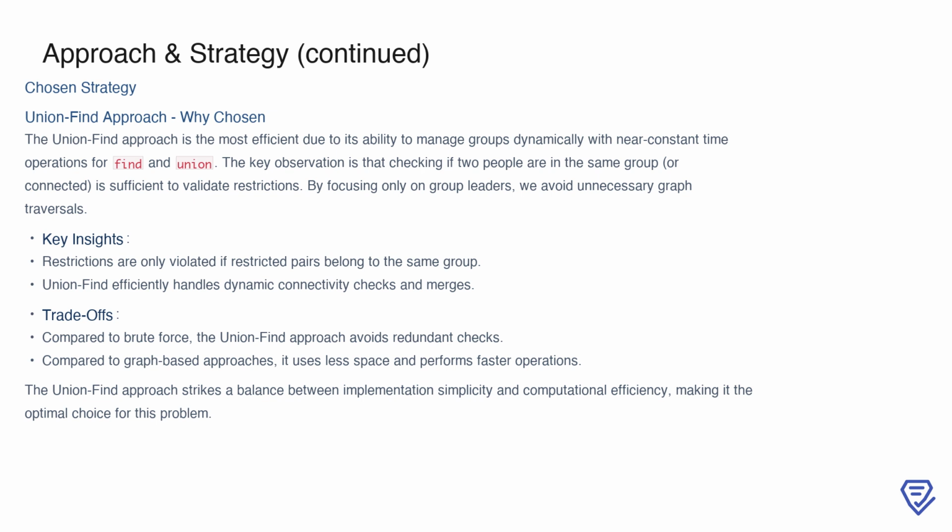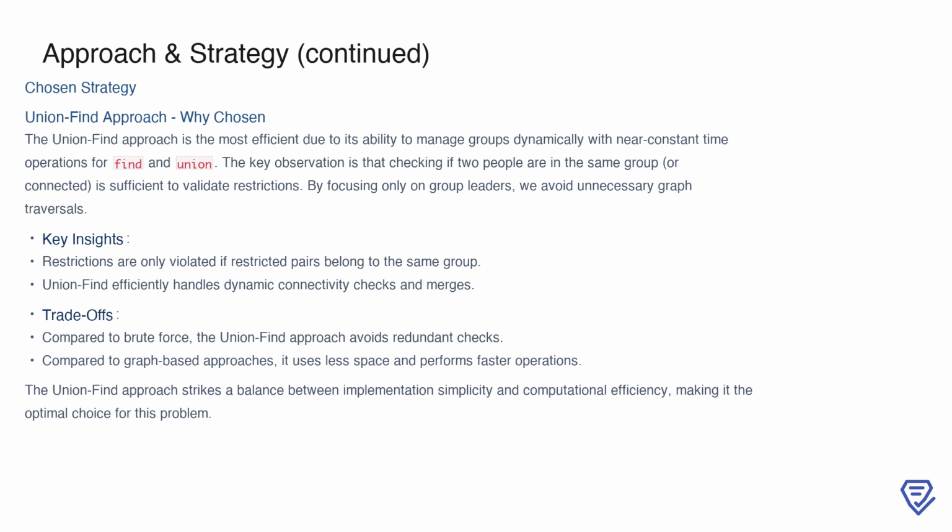The union-find approach is the strategy we chose for this problem because it offers the best balance of efficiency and simplicity. The key insight here is that restrictions are only violated if two restricted individuals belong to the same group. By using the union-find structure, we can focus solely on group leaders during our checks, which eliminates the need for exhaustive graph traversals. This makes the method not only faster but also easier to implement.